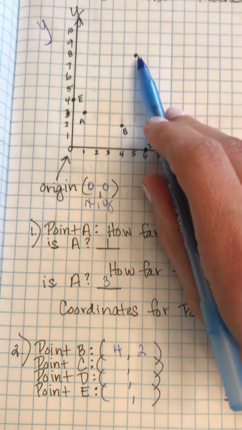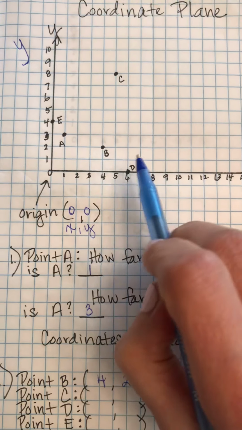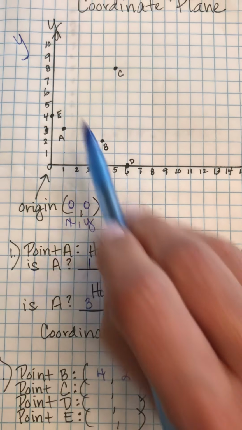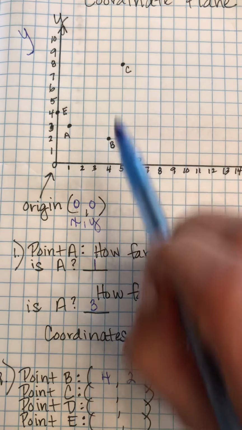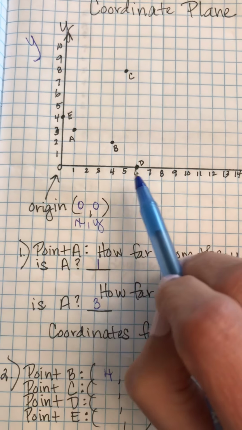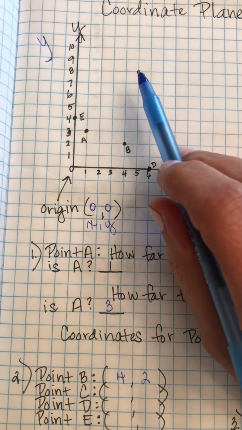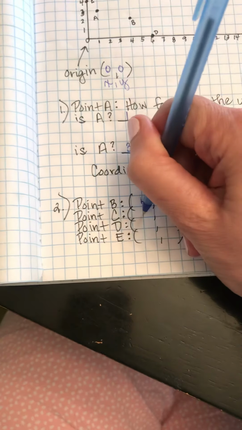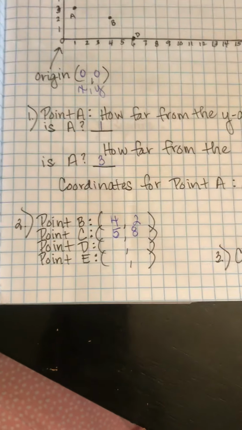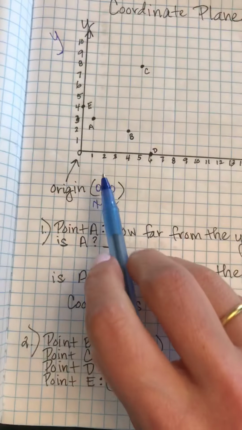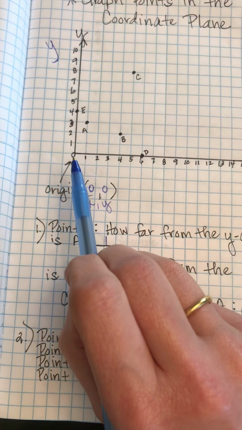Let's look at point C. So here is point C, and I see that I am 5 from my y, and oh my, I am 8 from my x. So I'm over 5, up 8. So point C, coordinates are 5, 8. Let's look at point D. So let's see.